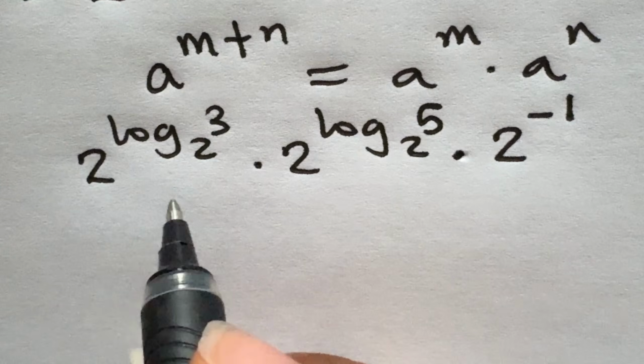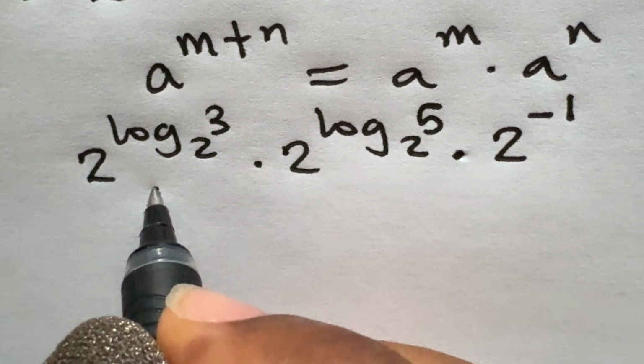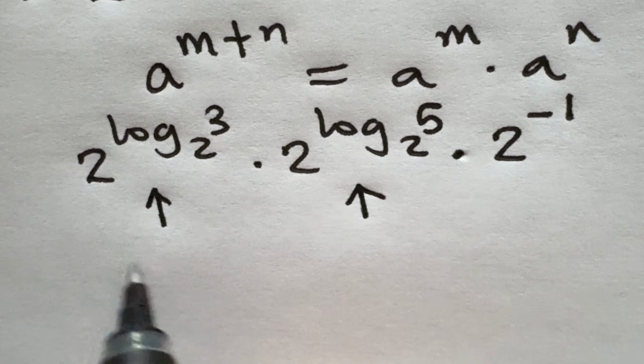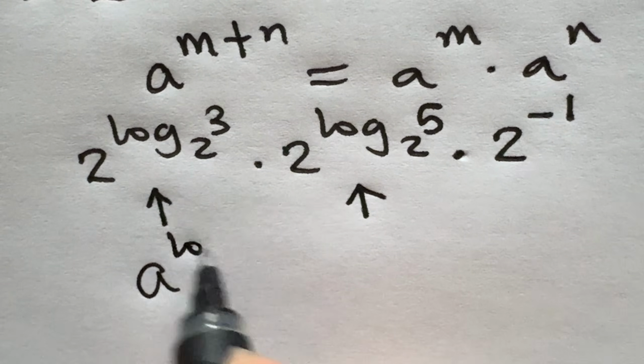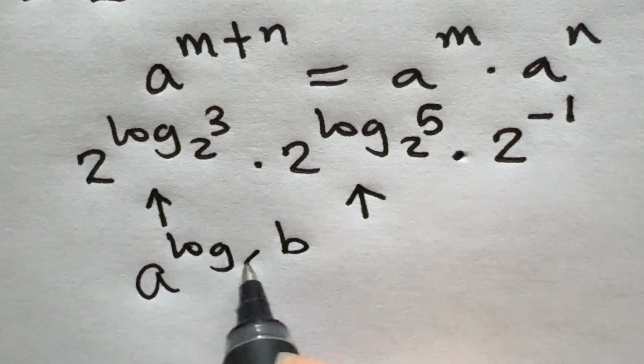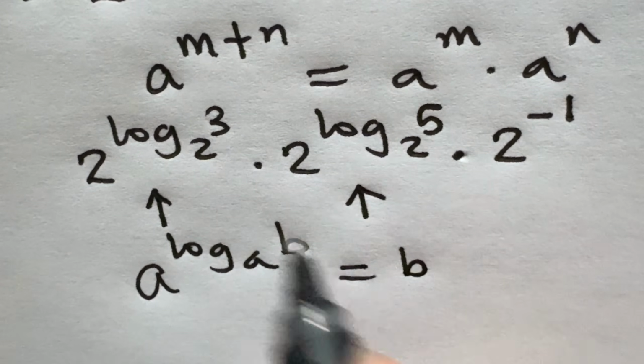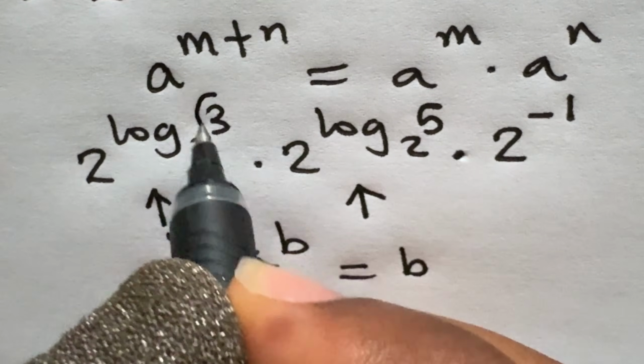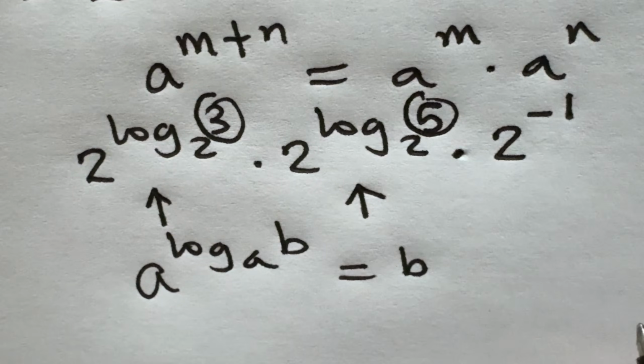So to proceed to the next section, let us compare this to this law of logarithm. a raised to power log b base a will give us b, and if you look closely, each of these are of this form. So this will be 3 and this will be 5.